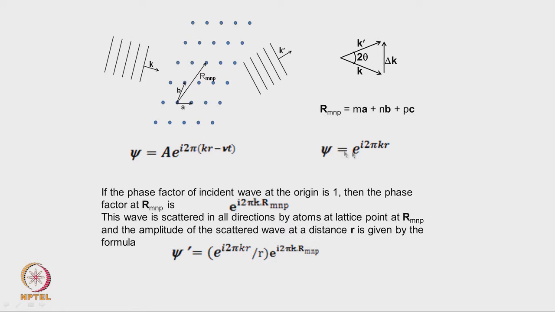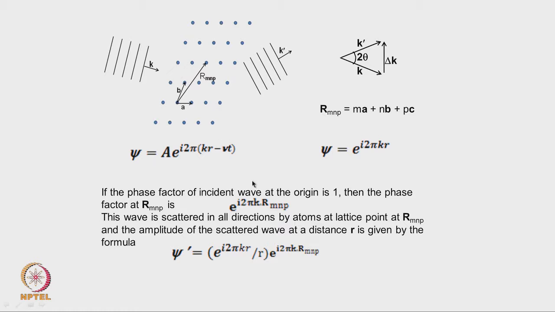Then psi will be e to the power of i 2 pi kr divided by r, correct. That is what it is going to be. But the incident wave itself, if it has psi equals 1, when it reaches here, what will happen? Because it has to travel some distance. What is the distance which the incident wave has to travel?